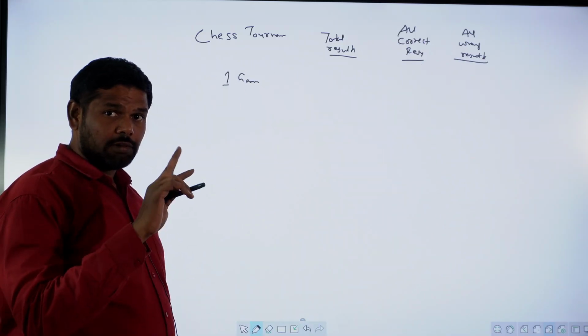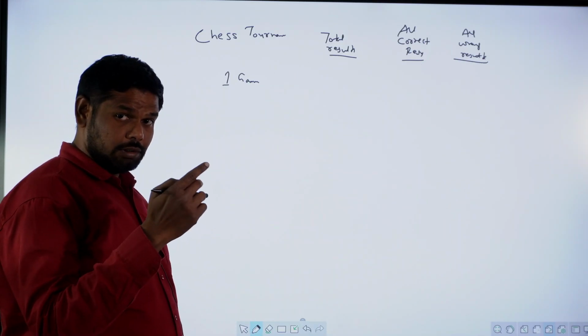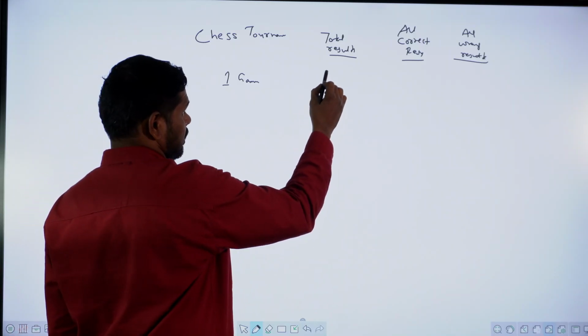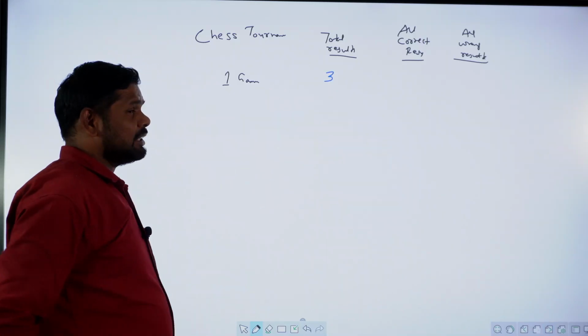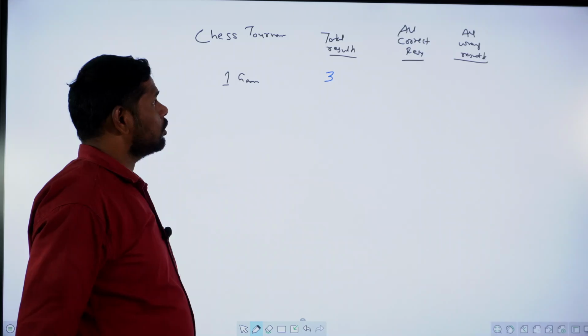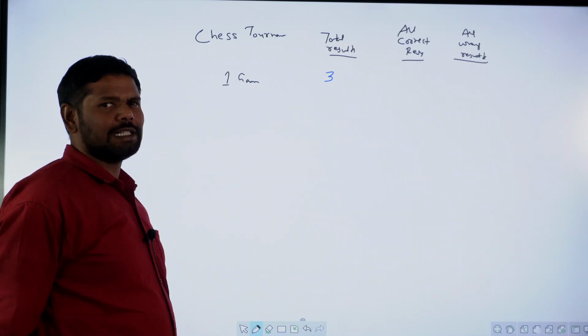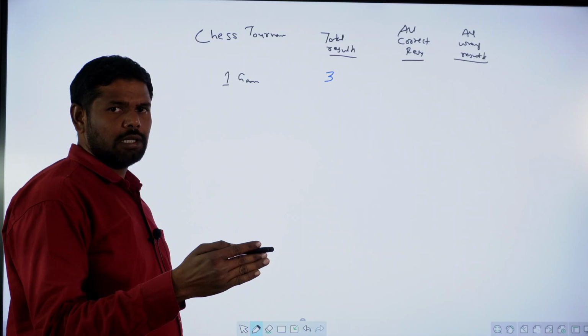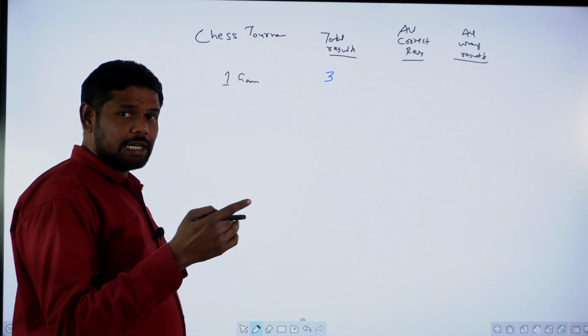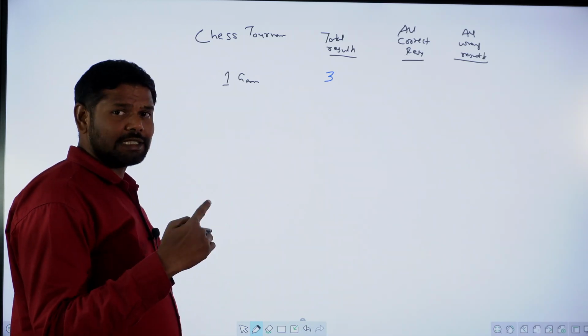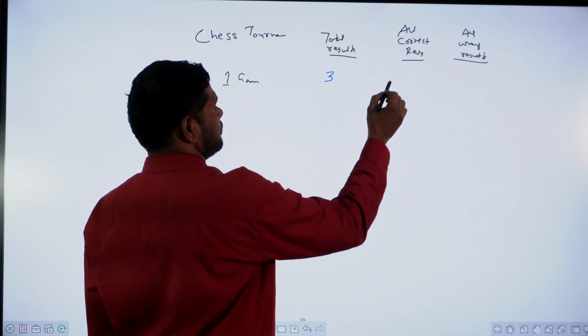Chess means either won, lose, or tie. Three options are possible. That's why if one game is held, then three possible results are there. Out of three, a correct result means if he won, declare won; lose means declare lose; tie means declare a tie. Only one way.